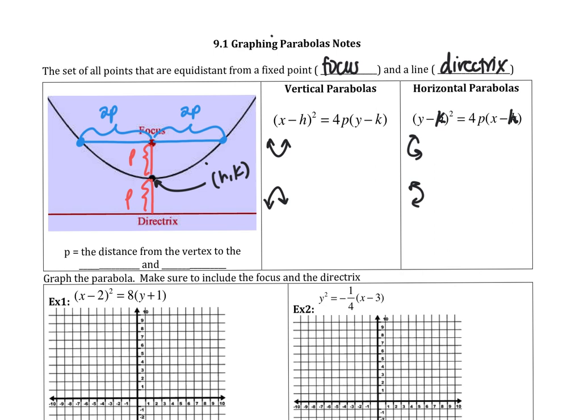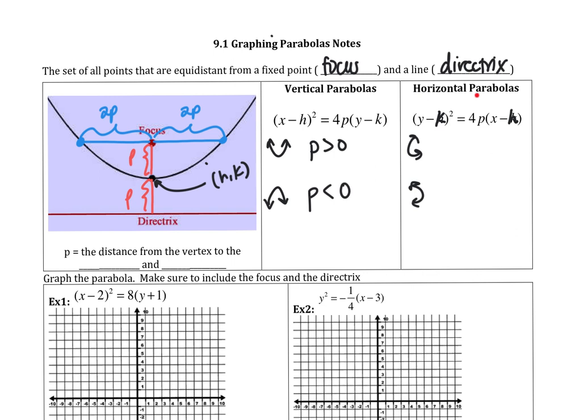How do we know whether a parabola opens up or down? Okay, so if a parabola is vertical, we're going to notice that the x minus h term is squared. And when we find out that p-value, if p is greater than 0, the parabola opens up, and if p is less than 0, the parabola opens down.